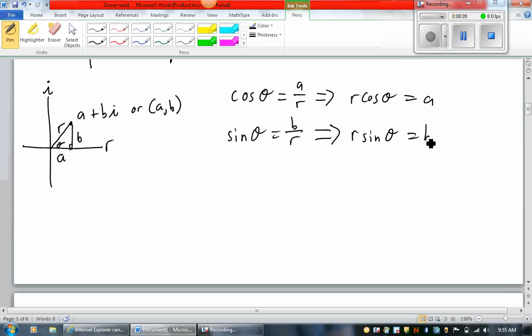So this means that if we plug this back into our a plus bi notation, instead of writing a plus bi, we can write r cos theta plus r sine theta times i.